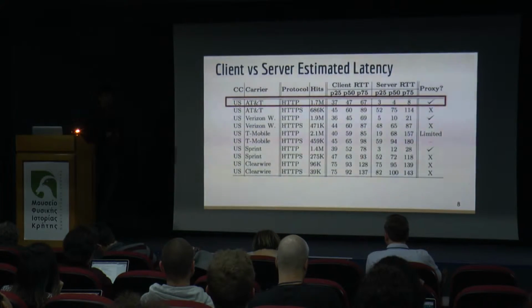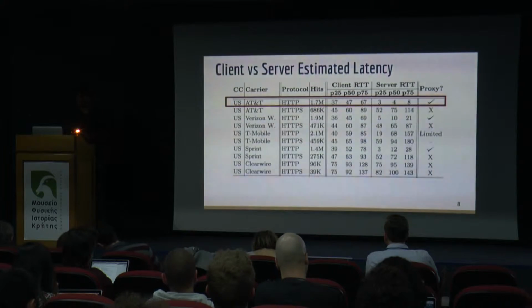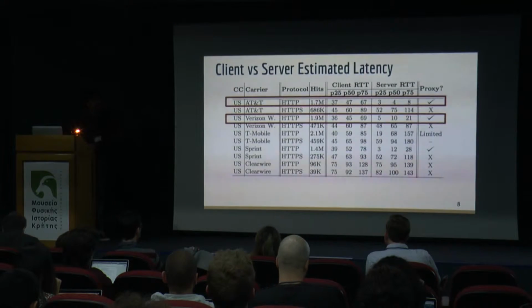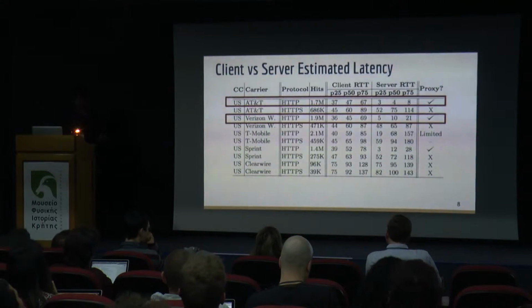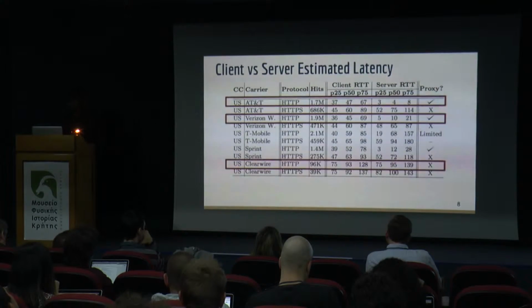They are not talking to the client, because clients experience a latency of 37 milliseconds. We see a similar pattern with Verizon Wireless, where P25 of server RTT shows 5 milliseconds of latency, whereas P25 of client RTT shows 36 milliseconds. So there is something in the middle to which these web servers are talking.